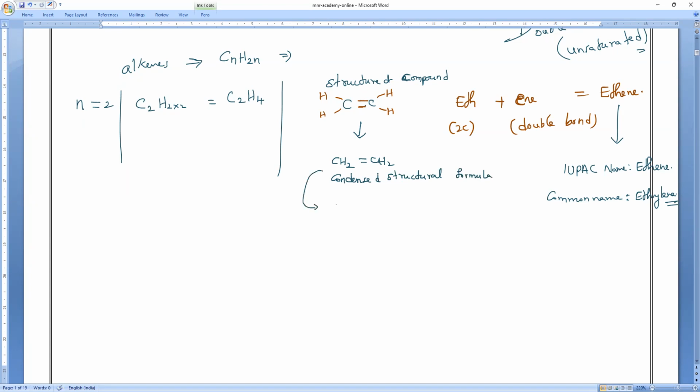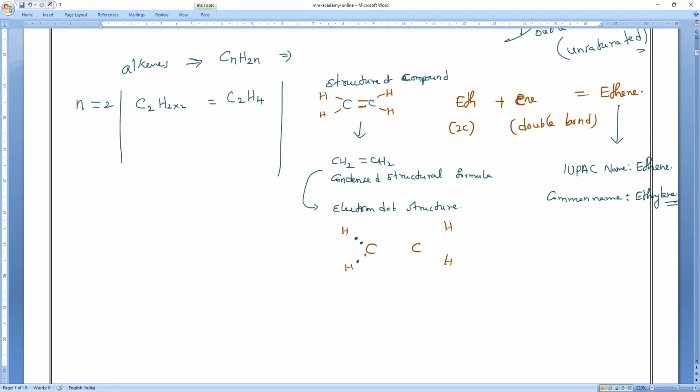Can you tell me the electron dot structure or Lewis dot structure? Draw it. So what is the electron dot structure? Carbon, carbon, and hydrogen, hydrogen, hydrogen, and hydrogen. Hydrogen and carbon always have how many bonds?